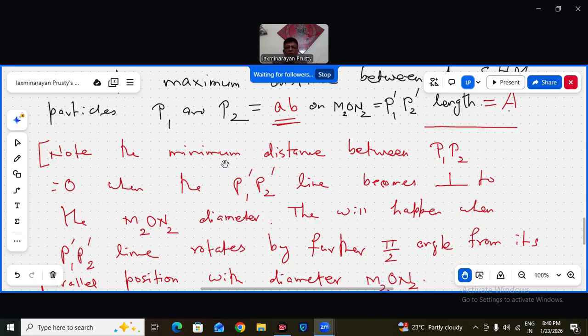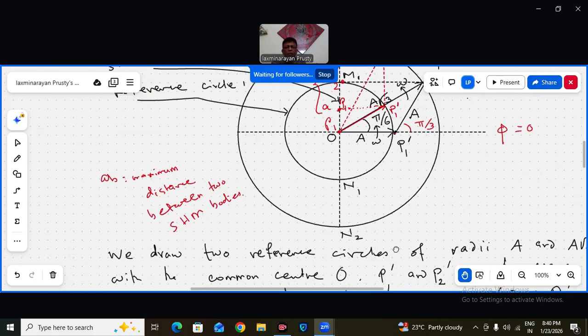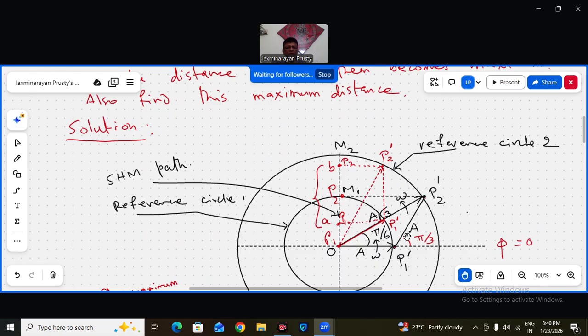अब कोई पूछेगा मिनिमम डिस्टेंस, then for minimum distance this P1 dash, P2 dash should be perpendicular to this line, so that the projections coincide at one point. That means at that time P1, P2 will be meeting each other. So to make it rotate again from here, pi by 3, it will go pi by 3 to pi by 6 to become vertical.